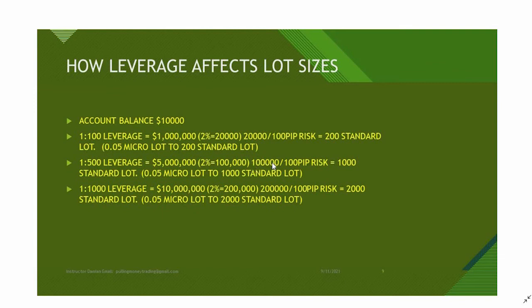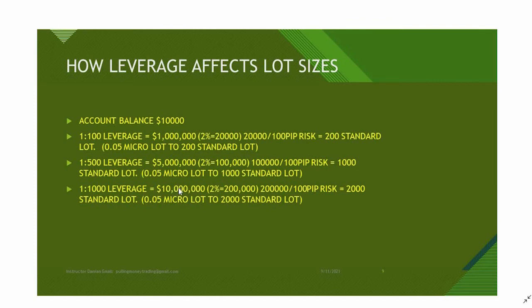So the 100,000 divided by the 100 pip risk equals 1,000 standard lots. So with a 1 to 500 leverage with an account balance of $10,000, without the leverage you'd be using 0.05 microlot, and with leverage, 1,000 standard lots.